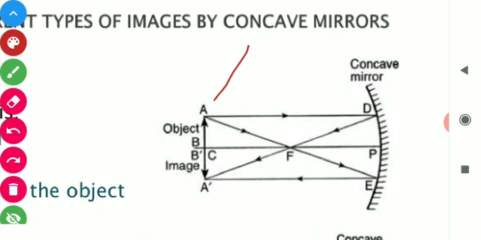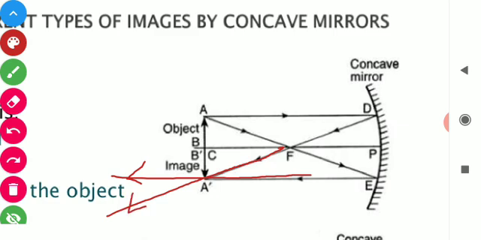Then we apply the first and second rule. That is, the first rule says any line parallel will pass through the focus, and any line passing through the focus will become parallel. Then we see this is the reflected line and this is the reflected line. Where they meet, we consider this point as A dash.